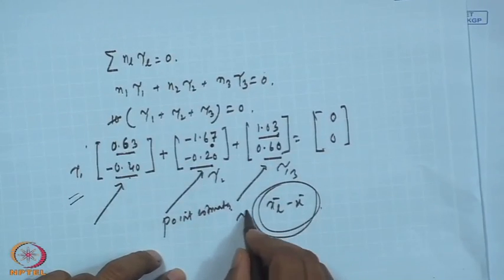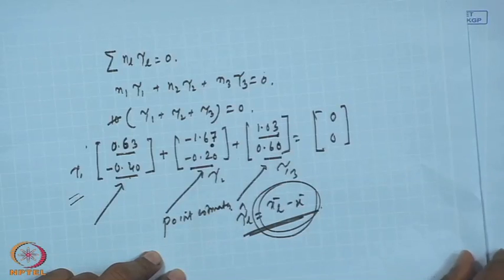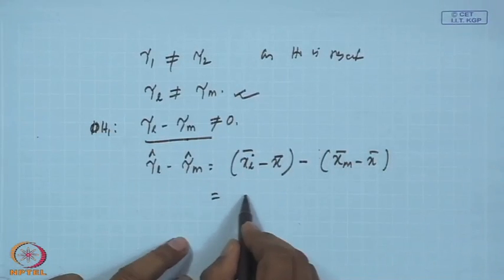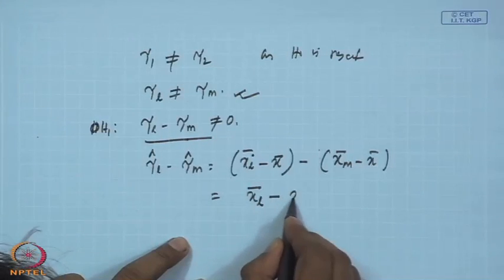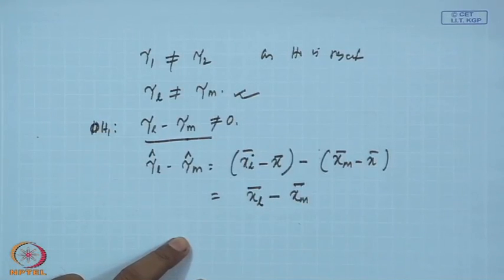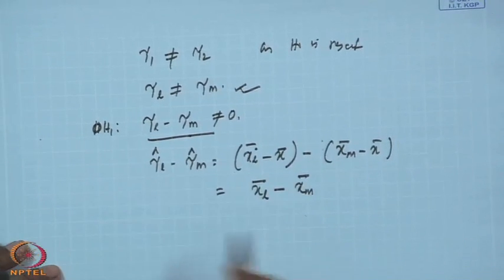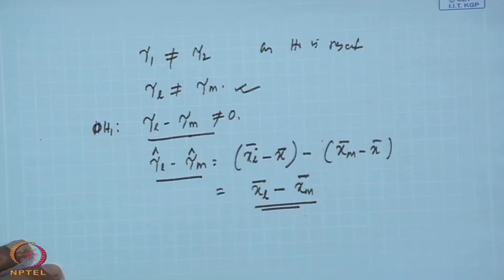Please see here what I said, that tau L is every population mean minus the grand mean. So, then this one is XL bar minus X m bar. X bar is cancelling out. So, the point estimate of this is nothing but this one.